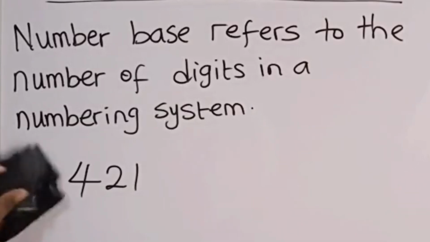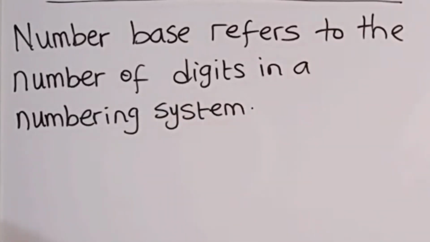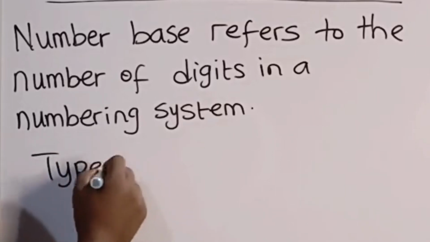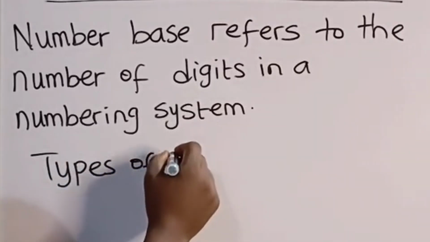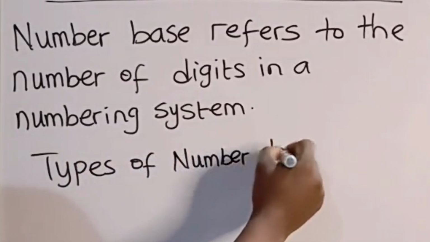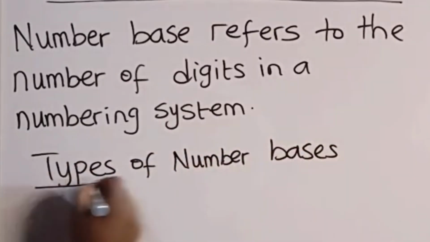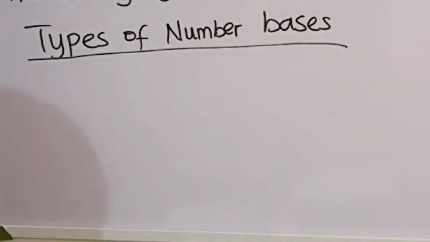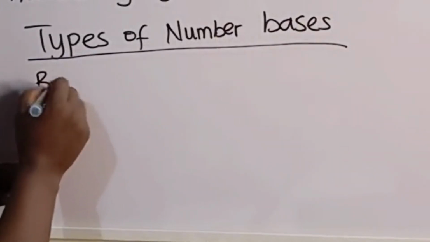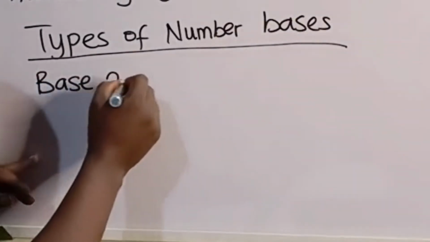Now let's see the different types of numbering systems, or number bases. Let's look at the types of number bases. The first one is base 2.